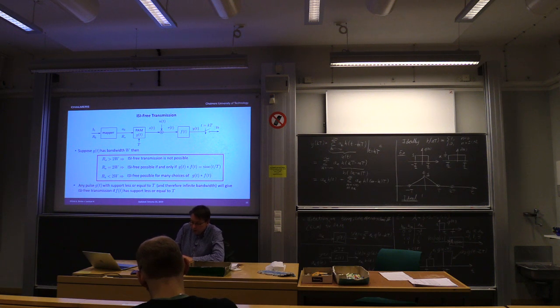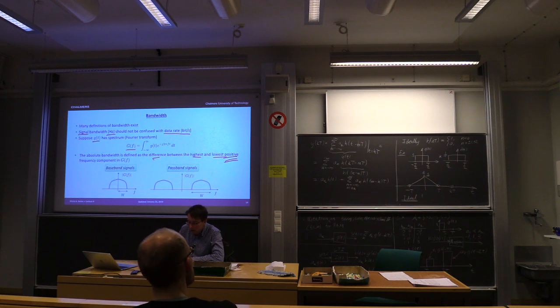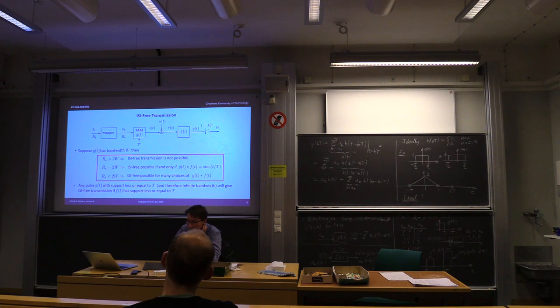Now, suppose that G, the pulse that we are using to create the transmitted signal, has bandwidth W. Okay, so it has this W if it happens to be a baseband signal, or if it's a passband signal, it has this W. Now, if that is the case, then the following is true.